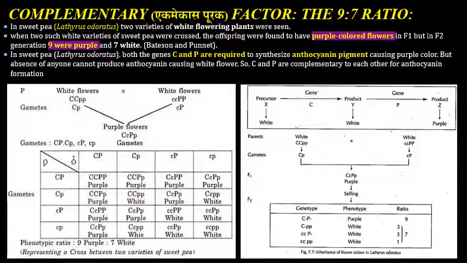In this sweet pea, Lathyrus odoratus, both the genes C and P are required for the synthesis of anthocyanin pigment, causing the purple color. But the absence of either one cannot produce anthocyanin, causing white flowers.